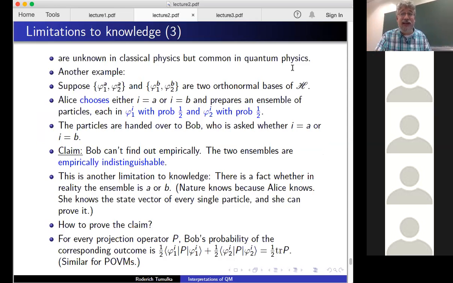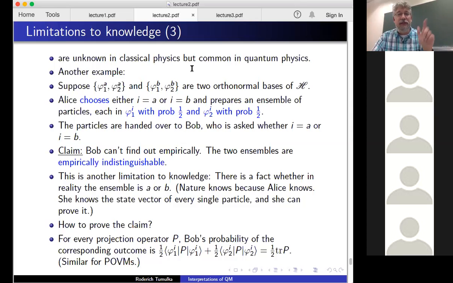So here's another example of a limitation to knowledge. Consider two orthonormal bases of a Hilbert space. Let's say we're talking about a two-dimensional Hilbert space, the spin state of some particle. One is the A basis and the other is the B basis. Here's the A basis consisting of two orthonormal vectors, and here's the B basis.